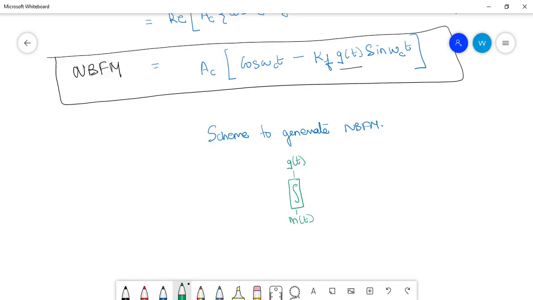Once you have g(t), you basically do the modulation of this signal with a phase shifted carrier. So if you have cos omega_c t over here, you do the 90-degree phase shift, and then you are basically modulating it over here. Let me just write it.